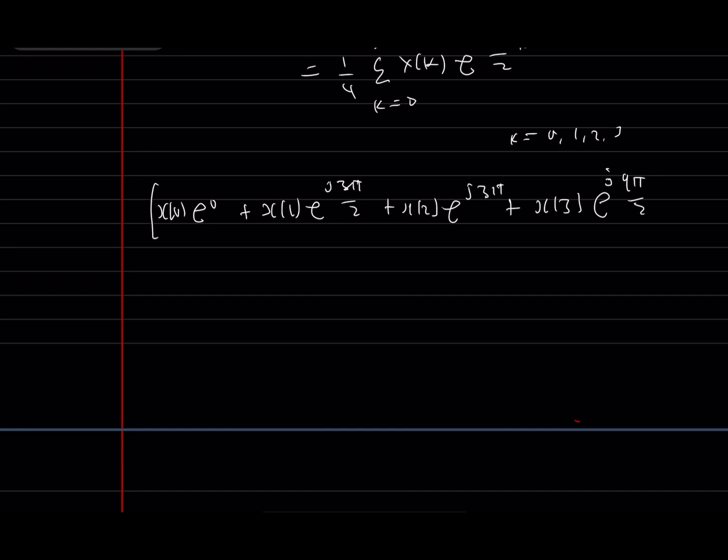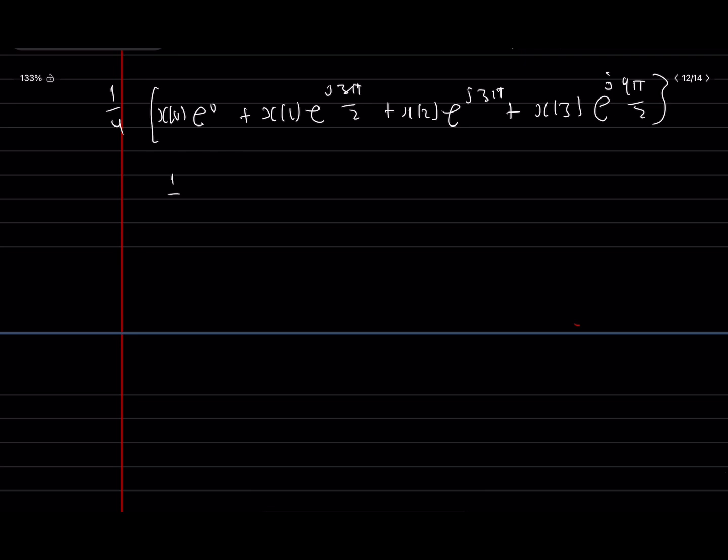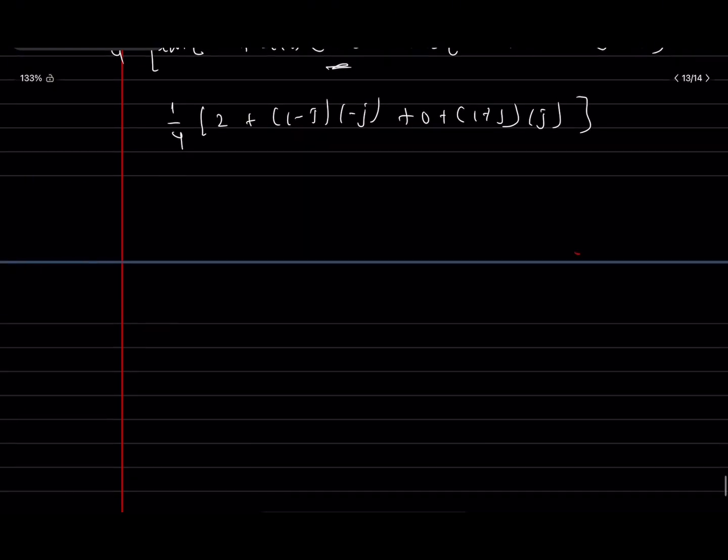And remember that they are all 1 over 4. So based on this, we are going to get 1 over 4 multiplied by 2 plus 1 minus j, because when you simplify it, it's minus j, and then plus 0 plus 1 plus j, and when we simplify this, it's j. So we are going to get 1 over 4 to be 2 minus j minus 1 plus 0 plus j minus 1.